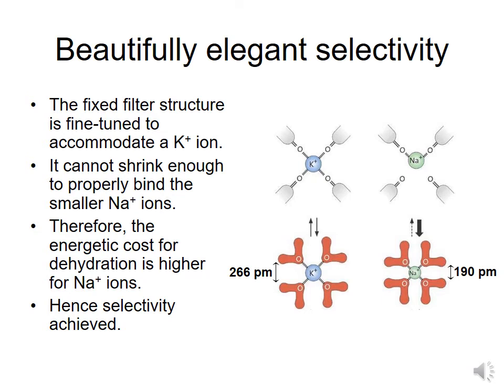This is a very elegant design. This structure is very rigid, so it cannot shrink to accommodate smaller sodium ions. So you can think that sodium ions can only partially interact with the carbonyl oxygens, and therefore the energetic cost for sodium ions to go through the selectivity filter will be very high.